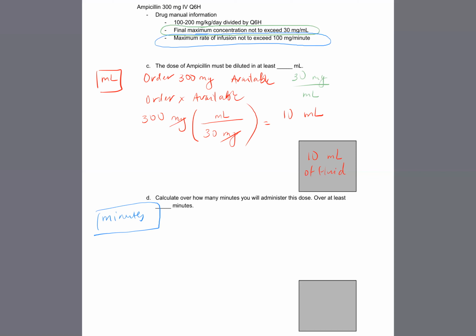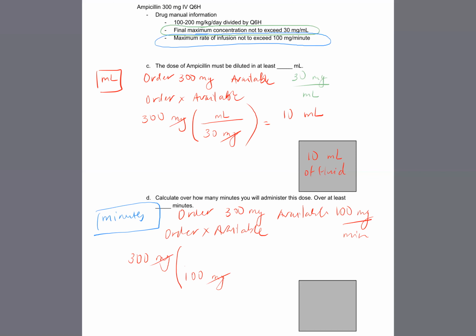So the units that you want to end up with are minutes. And you're going to have your order, which is 300 milligrams. And what's available is 100 milligrams per minute. You're going to make sure you do order times available. For our equation, 300 milligrams. You want 100 milligrams in the denominator, so the milligram units cancel.